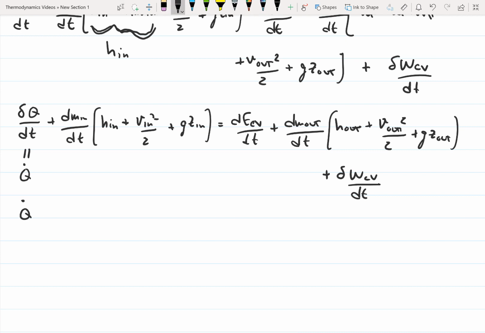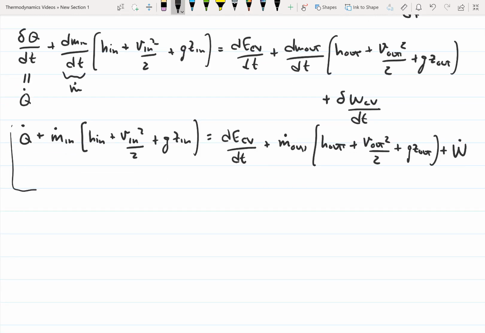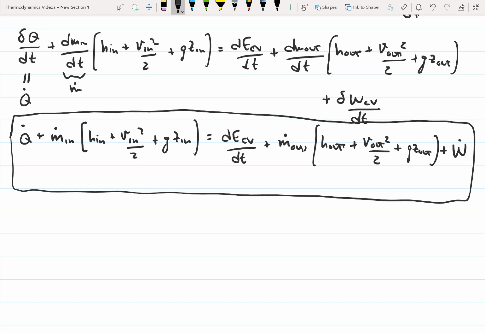So Q dot plus, and then this is just the mass flow rate, so m in dot multiplied by h in plus the kinetic energy in plus the potential energy, and this is equal to the change in energy with time, plus m out dot multiplied by h out plus the kinetic energy out plus the potential energy out, plus the rate of work.